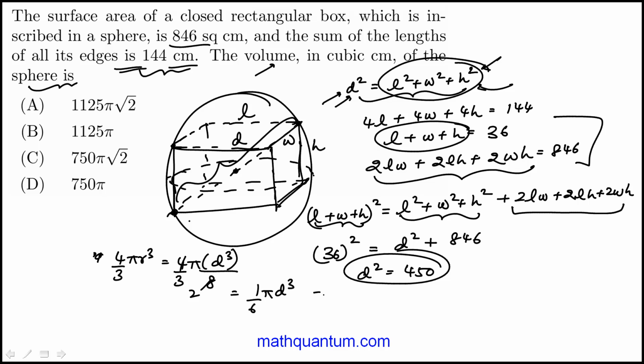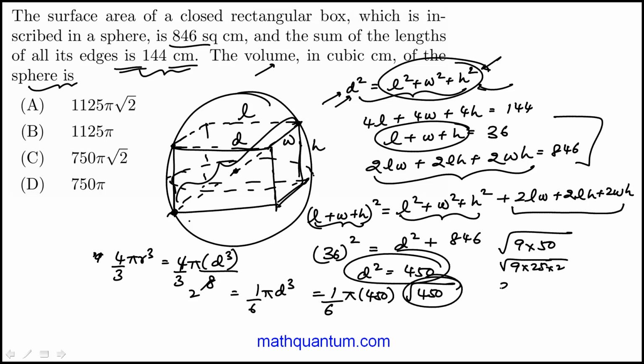Now D squared is 450. So I'll split it into D squared and then D, which will be the square root of 450. So I just have to simplify that. The square root of 450 is 9 times 50, or 9 times 25 times 2. So this is going to be 3 times 5 root 2.